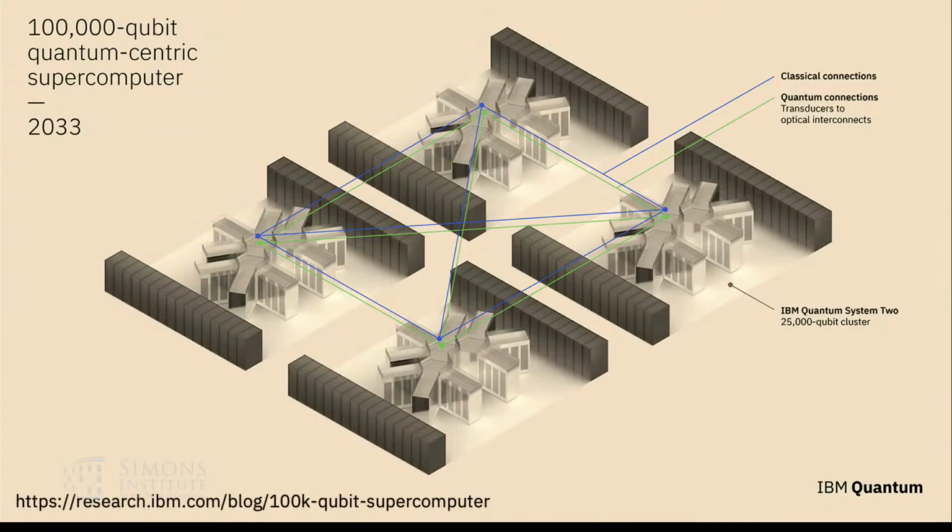And judging by those resource estimates on the previous slide, we're not going to be able to do useful algorithms with the surface code with even this 100,000 qubit machine, which you can see, sort of schematically drawn here, is supercomputer size, fits in a warehouse. So that's sort of discouraging.